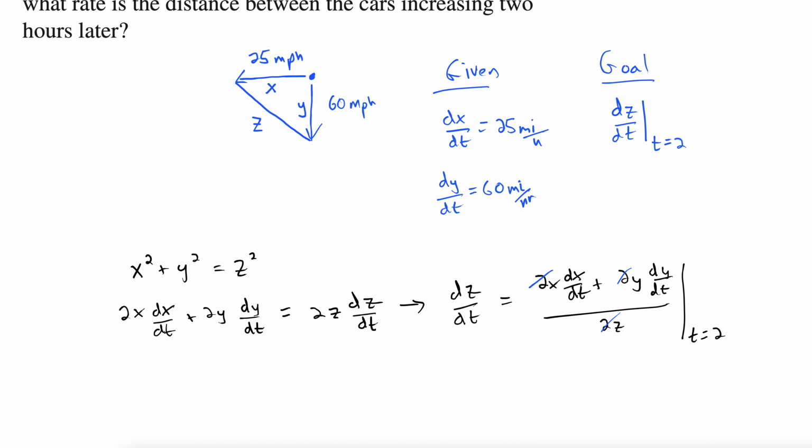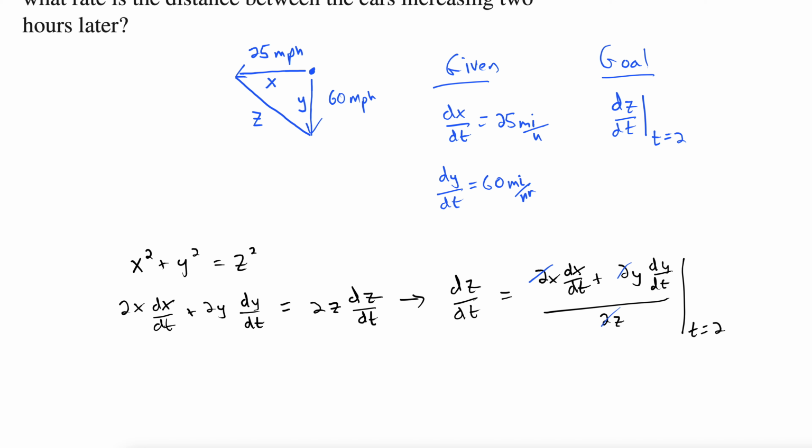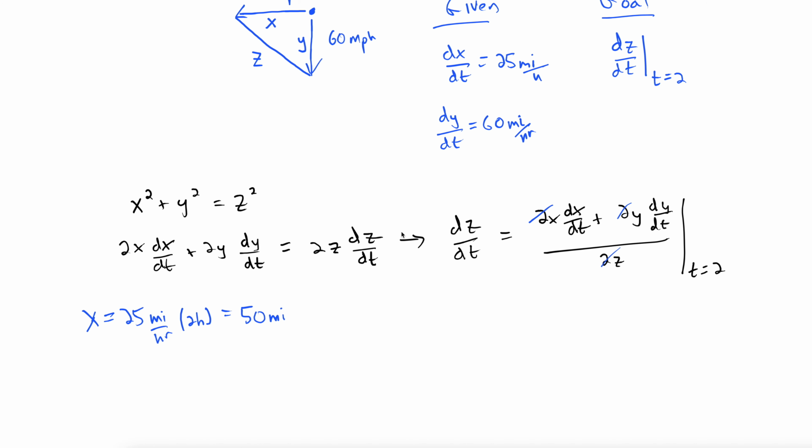Well, we know the speed, so we can compute the distance after 2 hours. So let's see here. x equals 25 miles per hour times 2 hours. That gives us 50 miles. Similarly for y, we have y equals 60 miles per hour times 2 hours again, which gives us 120 miles.